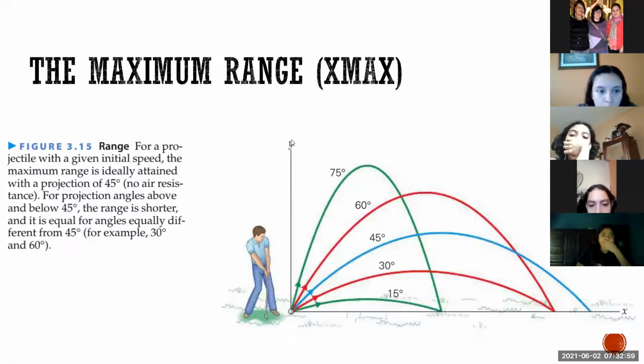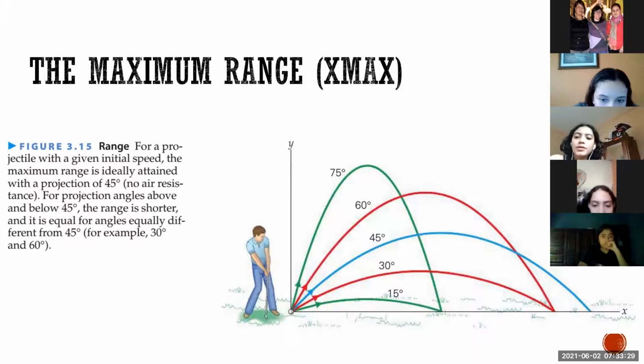And here you can see the parabolas that could be projected by the same object thrown at a different angle. So if you throw this object at an angle of 15 degrees, you can see it doesn't reach the maximum range that it could reach. At what angle does the object cover more horizontal distance?